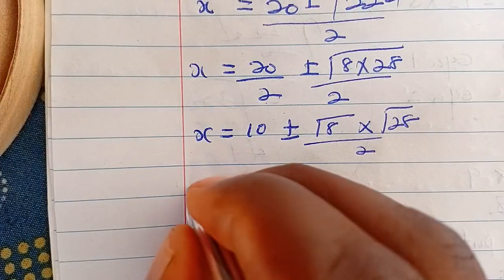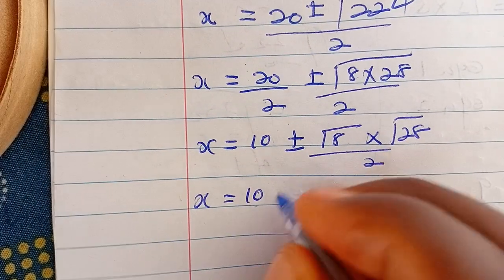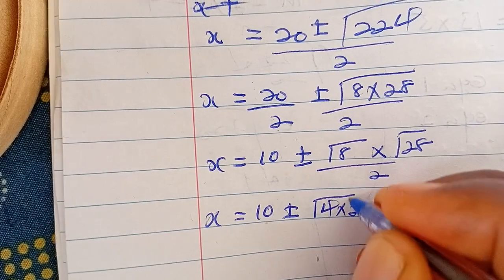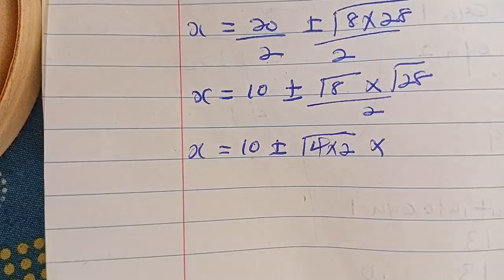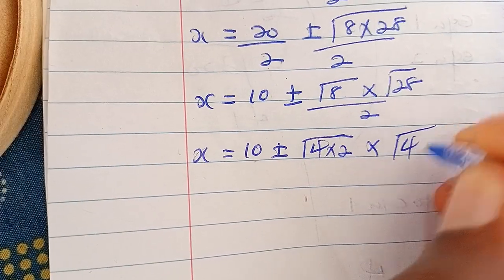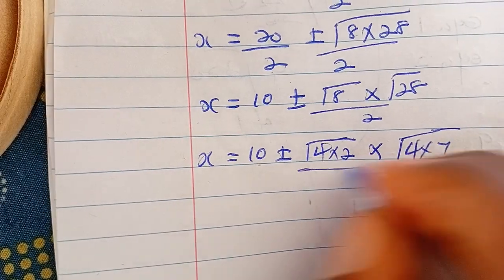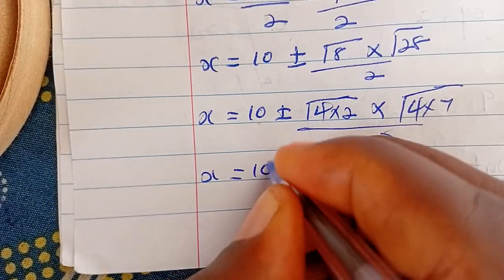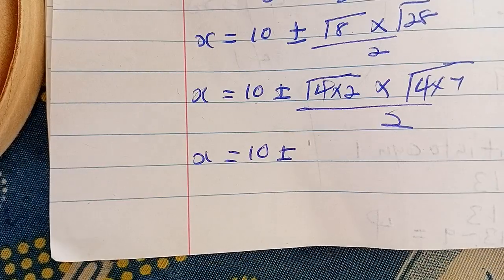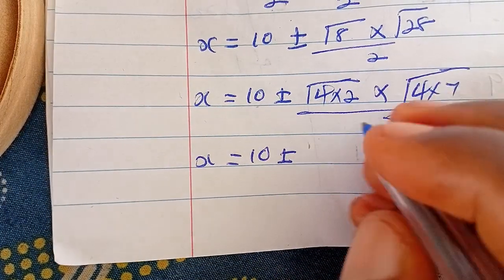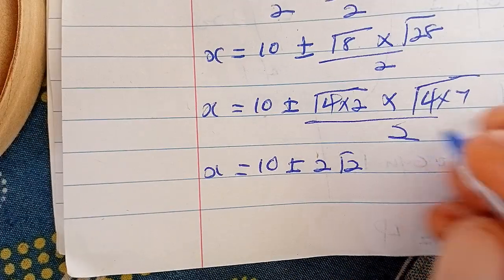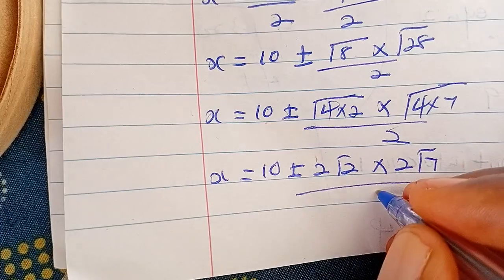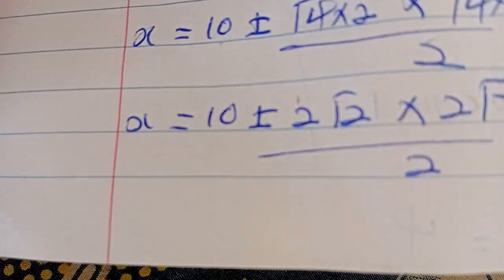So x equal to 10 plus or minus root of 4 times 2 times 4 times 7, all over 2. Root 4 is 2, and root 4 is 2, so you have 2 root 2 times 2 root 7 all over 2.